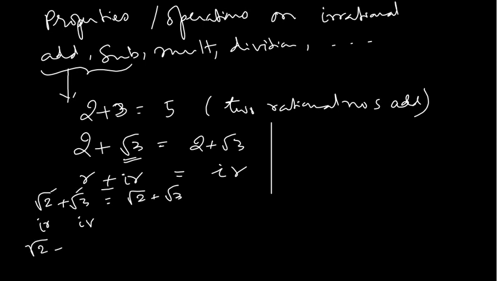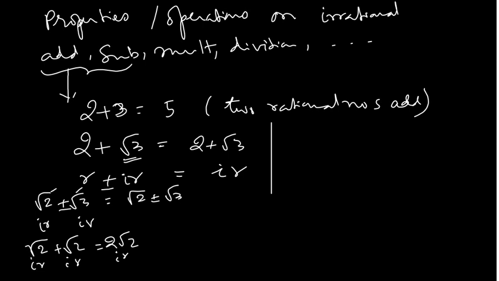But if you have root 2 plus root 2, you will get an irrational number, 2 root 2. So irrational plus irrational, you will have an irrational number. In case of subtraction, you get 0. Subtraction is the same thing.